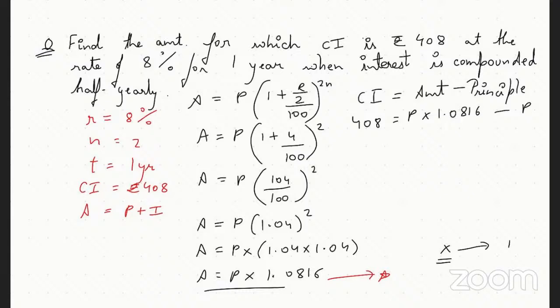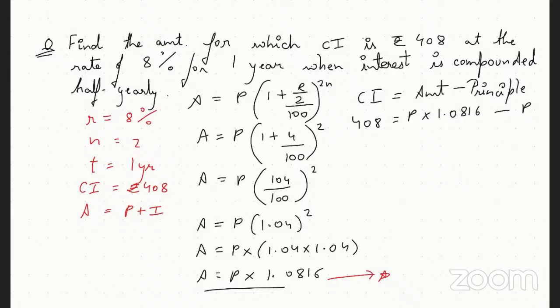The value of all single variables, single alphabet variables used in equations, equals 1. So this minus P, I'll assume its value is 1, because it's a single variable.